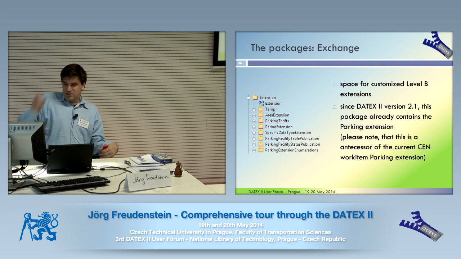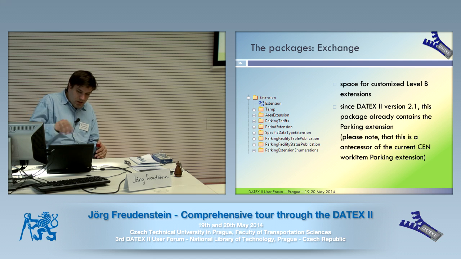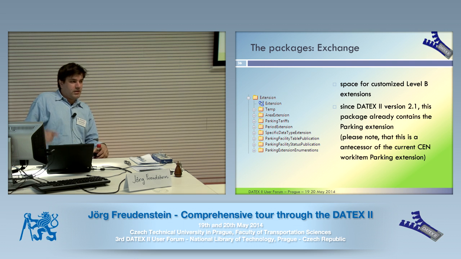But this changed since Datex version 2.0, because we started to develop the parking extension, which is a customized extension actually, but the Datex community decided to put it into the extension package and to deliver it with the model. So it's still a level B extension. It will be standardized as level B extension.